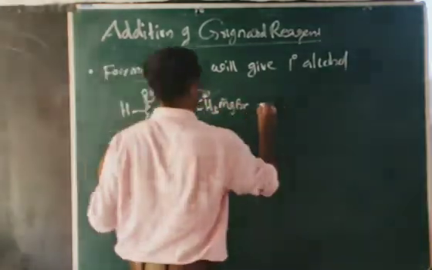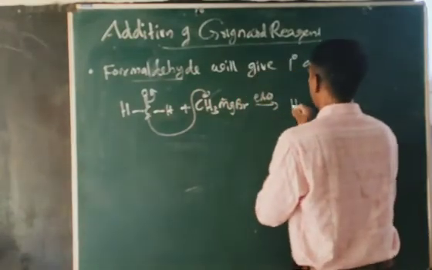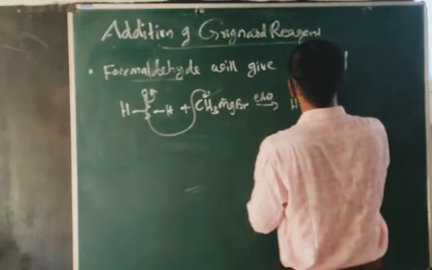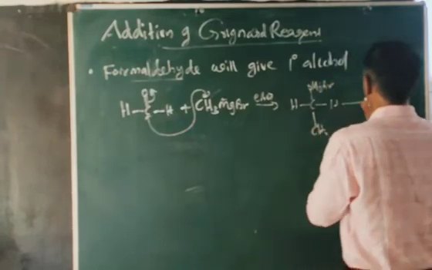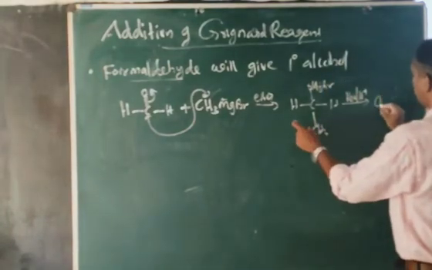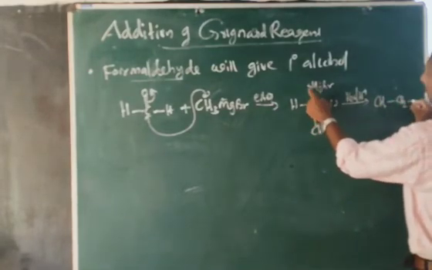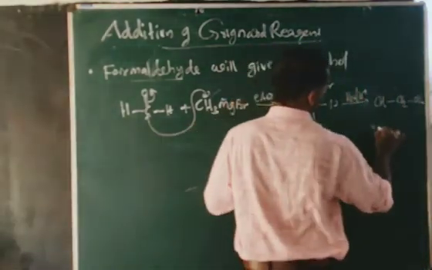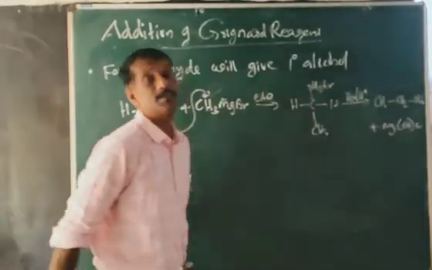In presence of ether, what we get? H, CH2, here it will become OMgBr, and here it is CH3, which on hydrolysis with H2O, H plus gives CH3CH2OH, plus MgOH. This we have studied earlier.